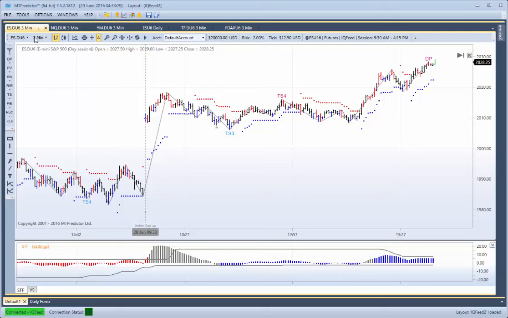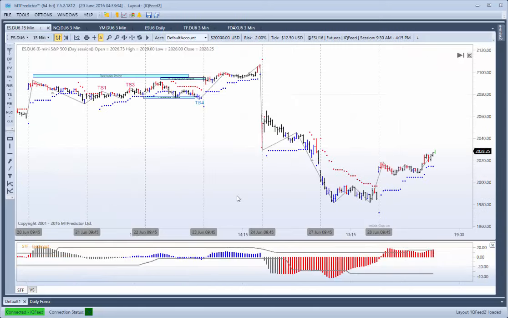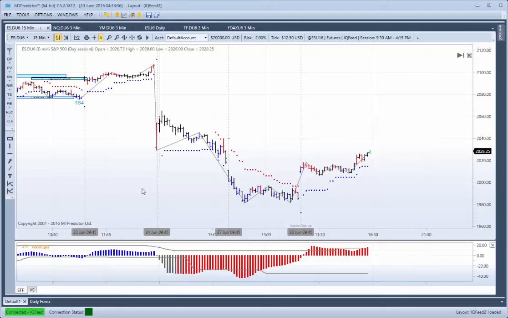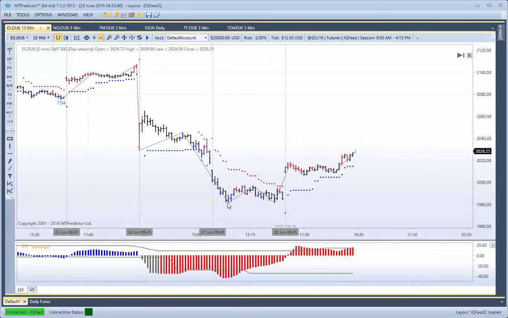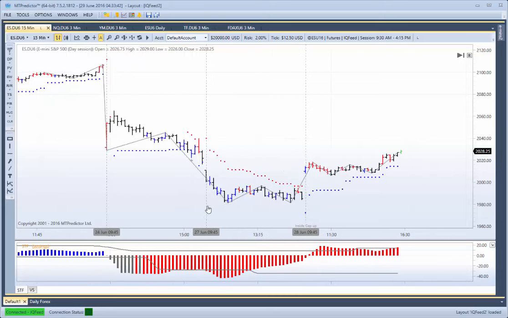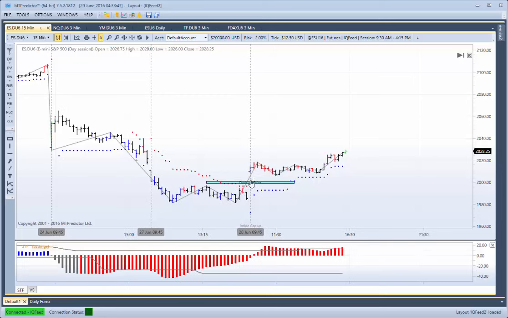Well, it's quite difficult on days like this, because if we go out to the 15-minute chart, there weren't any really obvious support or resistance levels. Here was our last low, basically on the 27th. The market had gapped up through the DP here, and the next DP resistance was way back here, right up at this level. So we were sort of in no man's land.